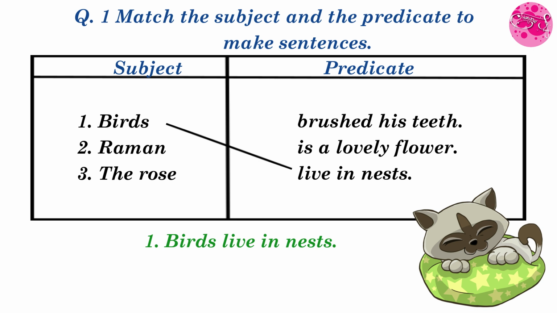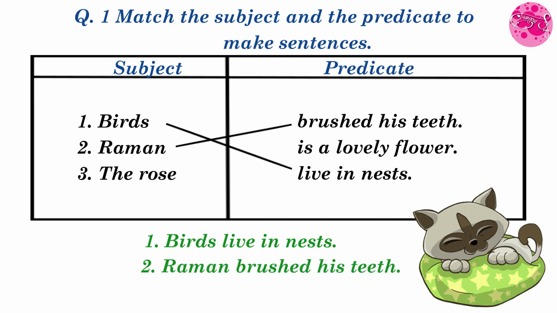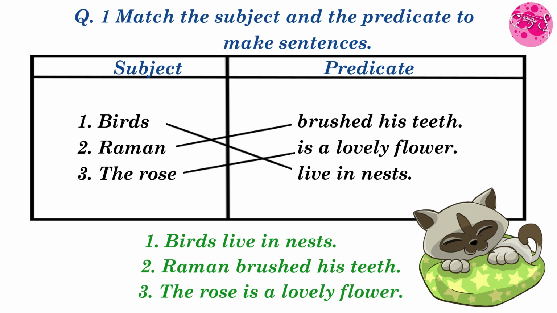Raman is a lovely flower? No, it is not a correct sentence. Then Raman brushed his teeth. Yes, this predicate suits the subject. Yes or no? So match Raman brushed his teeth. Number 3, the rose. How is the rose? A lovely flower. So match the second option, that is, the rose is a lovely flower.